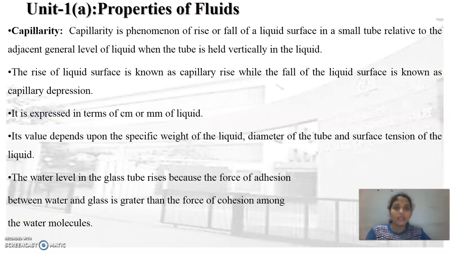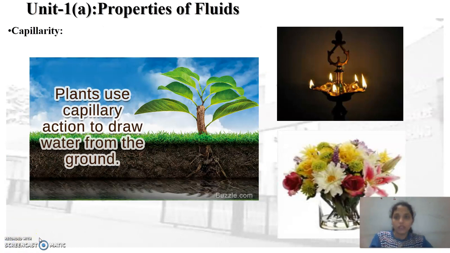And the third one is the surface tension. Surface tension of the liquid also affects the value of the capillarity. These are some examples of the capillarity phenomenon that you can observe in nature. The roots of plants take water by capillary action. Secondly, the stems of flowers take water by capillary action, similar to this lamp.